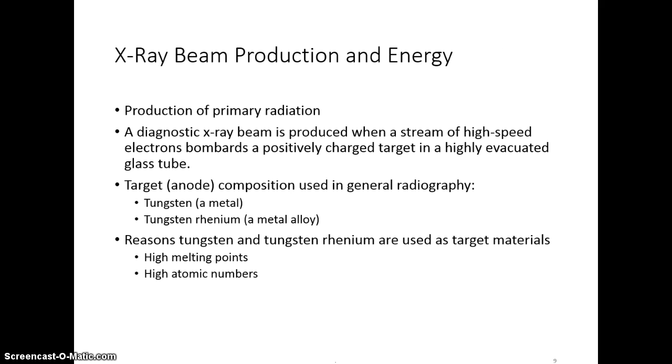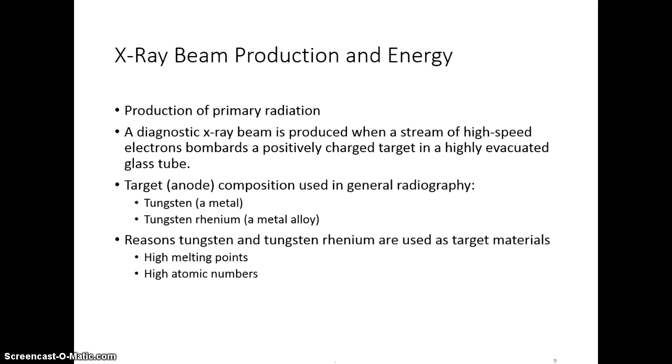Your beam, how you produce it, is you have a tungsten filament, you heat the filament to incandescence. Remember, the melting point for tungsten is about 3,370 degrees Celsius, so it's really hot.